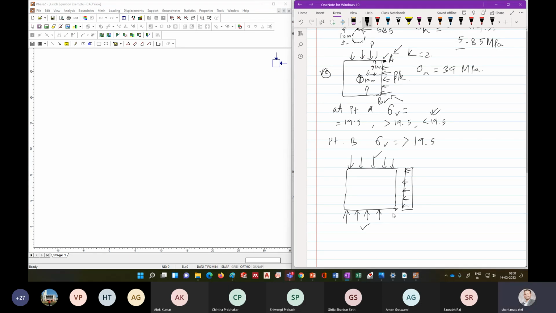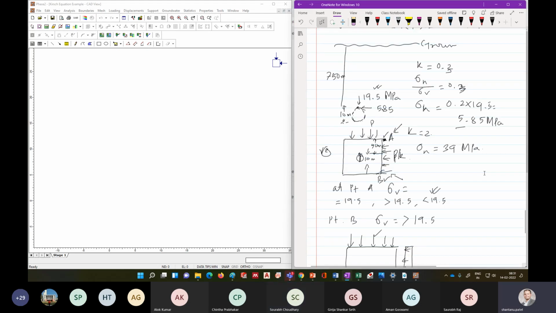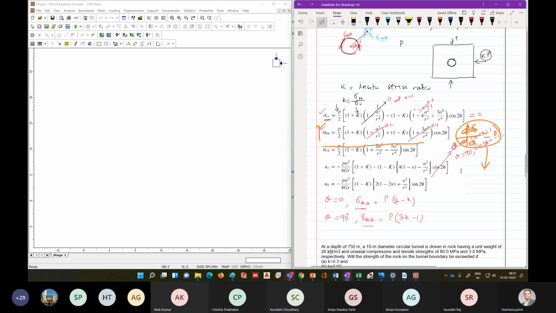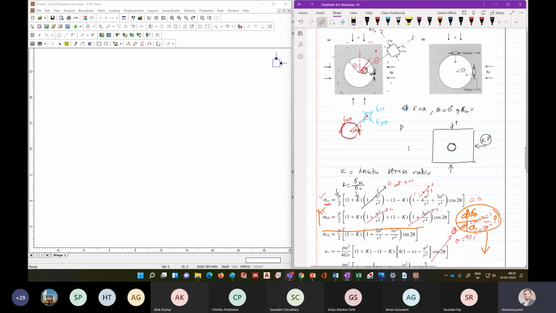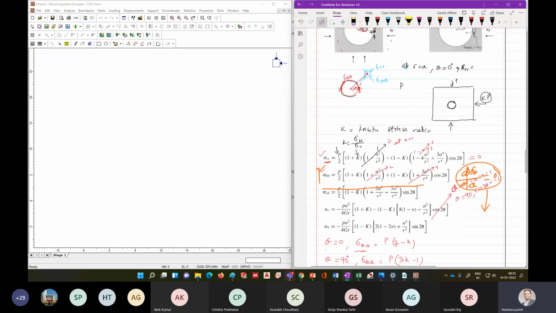Yes or no? Please respond. Yes, sir. Okay, so do you think this Kirsch equation, which we derived here, is valid?